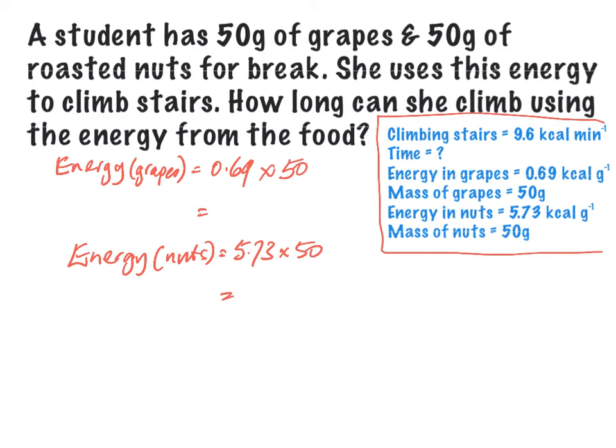And notice that the nuts contain a bit more oil, and that is why they have extra amounts of energy in them. So it's 0.69 times 50, 34.5. Let's put the units in as we go, kilocalories.